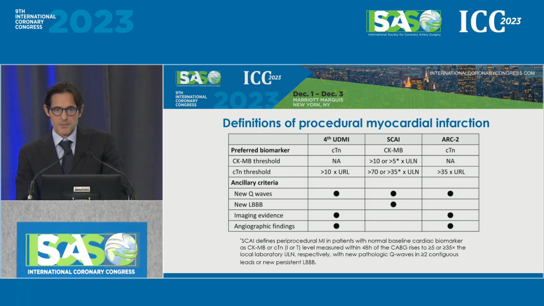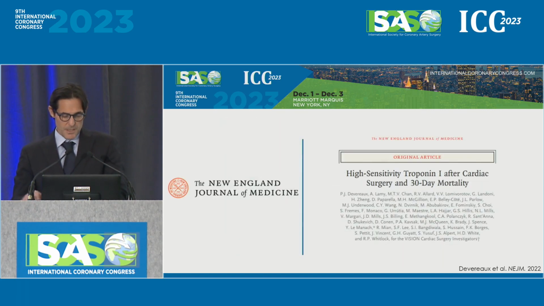The troponin thresholds used in the current definitions range from 10 to 70, with or without the need for additional signs of ischemia. But the reality is that most cardiac surgery patients have postoperative troponin levels that are higher than those definitions.